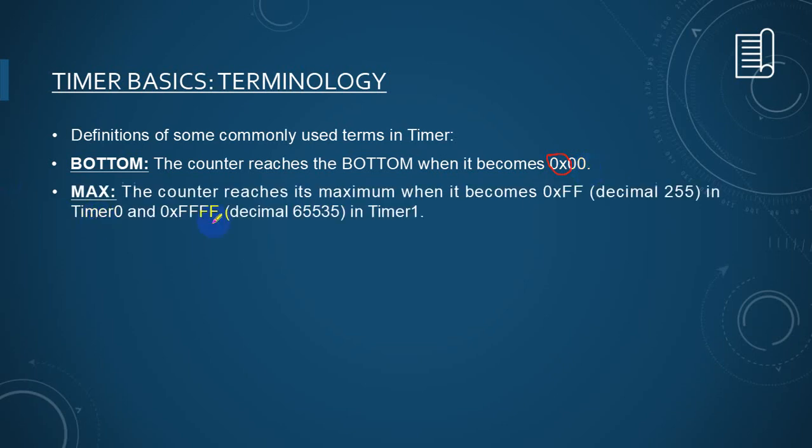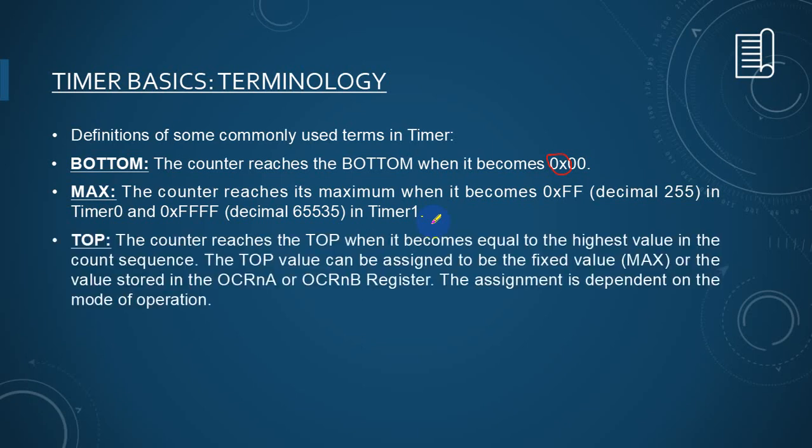Now what is max? The counter reaches its maximum when it becomes 0xFF, which is decimal 255 in timer 0, and 0xFFFF, decimal 65,535, in timer 1. That's the max value. Now in between bottom and max, we can have other values that we use in CTC mode, compare mode operation.